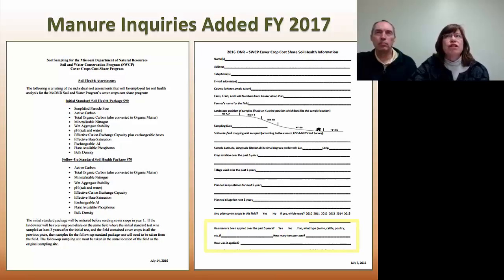So they have personal information, they list what the landscape position was of the sample, they list the soil, crop rotation over the past 5 years, tillage over the past 5 years, what they plan to do for the next 5 years, and this season, we have added some manure questions about the manure added over the past 5 years, what type it was, how many tons per acre, and how it was applied.